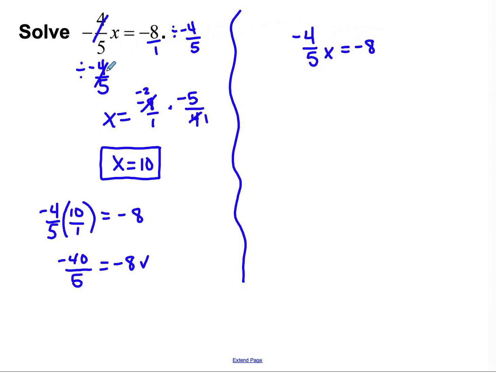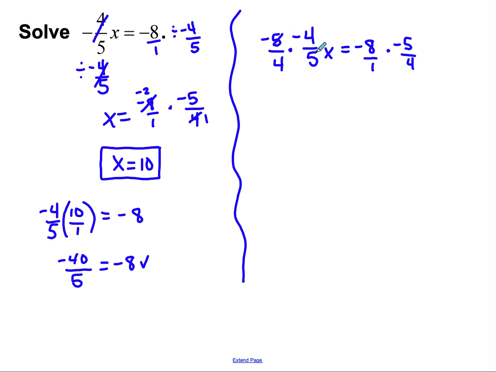Instead of taking the time to write the divided by -4/5, and then writing the keep change flip, I could have started by just doing the keep change flip and multiplying by the reciprocal right away. It's the same thing, it just saves me the step of writing the division and then rewriting it with multiplication.